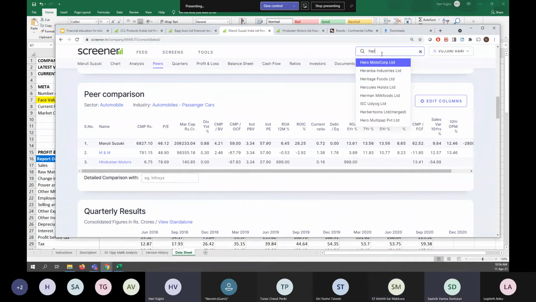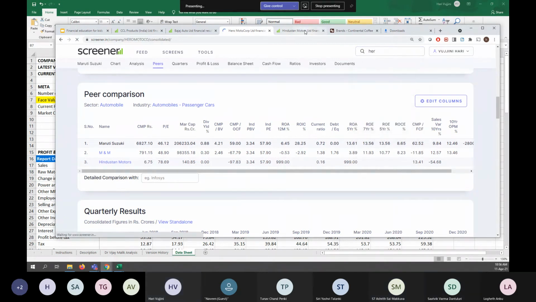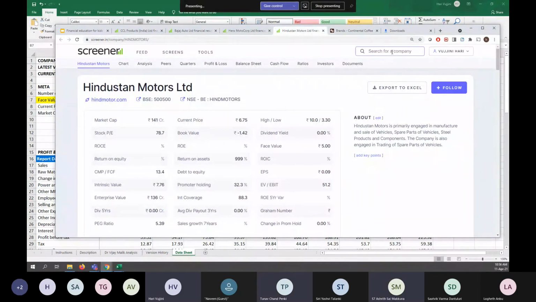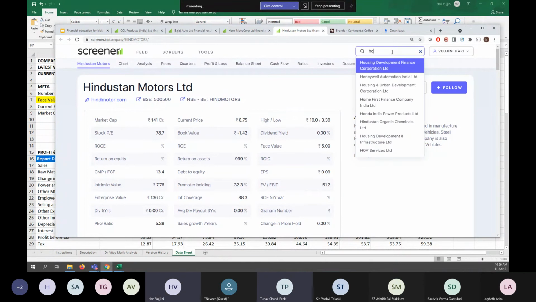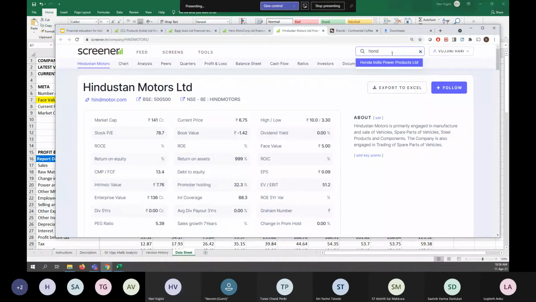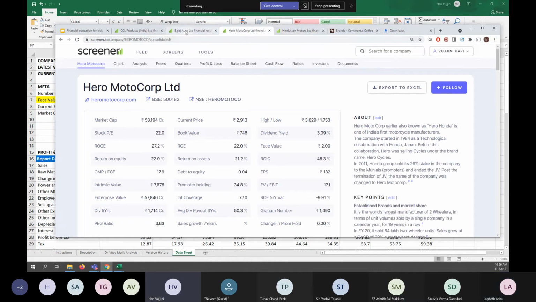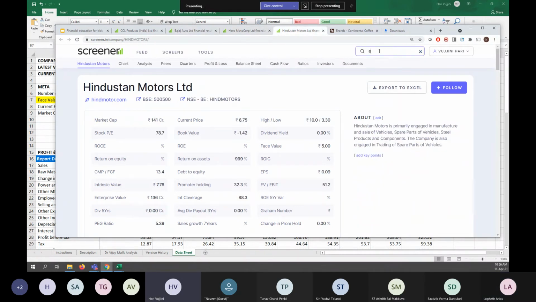Hero Motor, Honda, and there is another company, Eicher Motors.